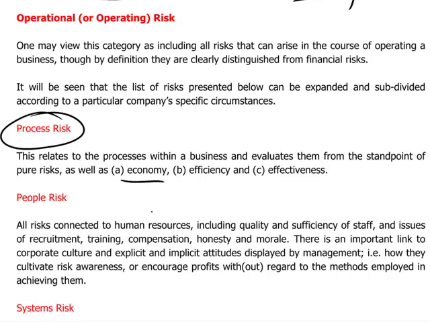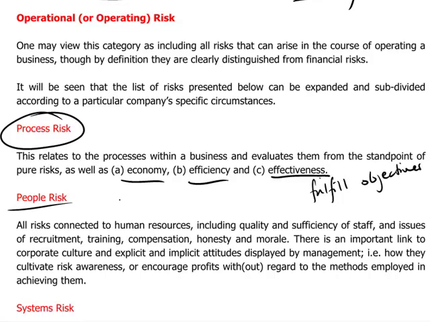In other words, being able to keep costs to a minimum, efficiency, being able to achieve a certain degree of productivity, and effectiveness. And by effectiveness we mean being able to fulfill objectives.